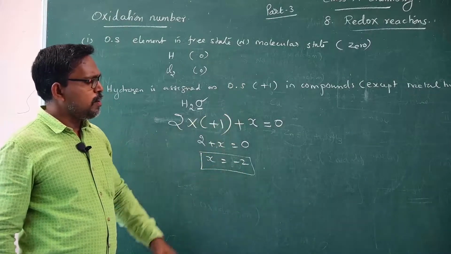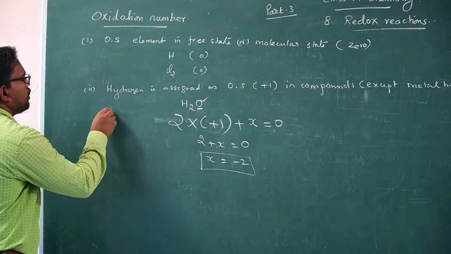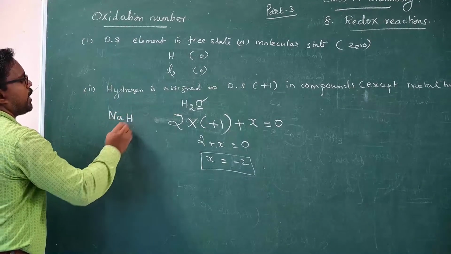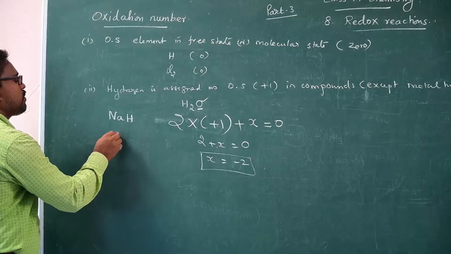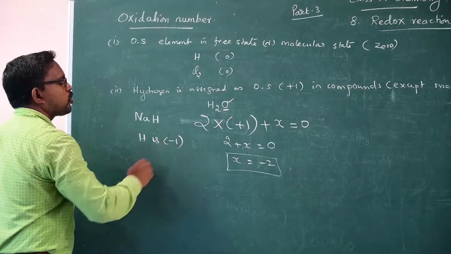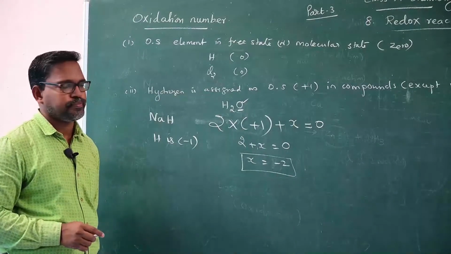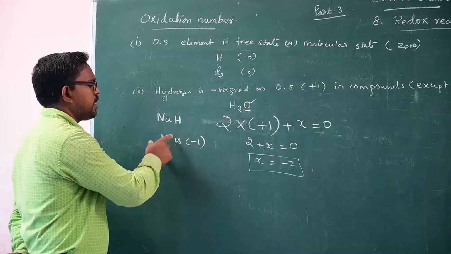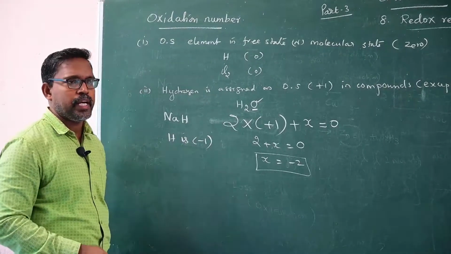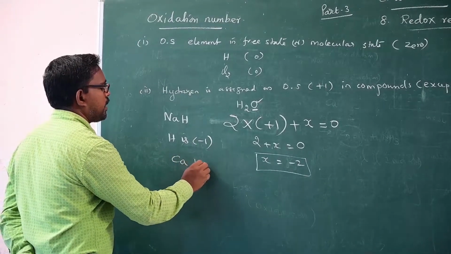But in the case of metal hydrides, for example, sodium hydride, the oxidation state of hydrogen is -1. You know, metals are electropositive in nature. For such cases, the oxidation state of hydrogen is assigned as -1. For example, calcium hydride.